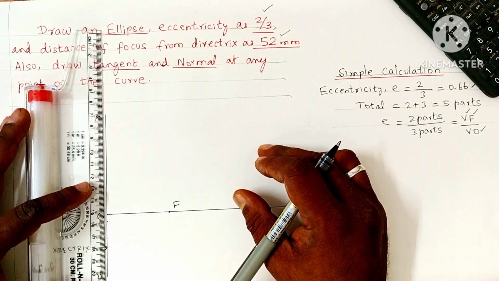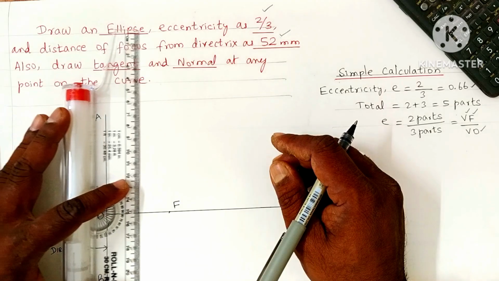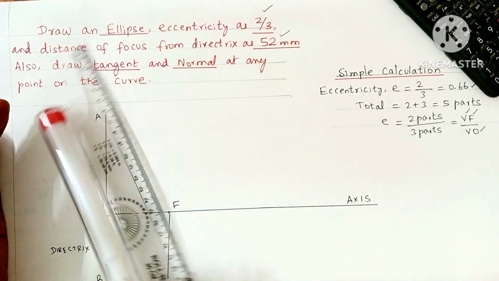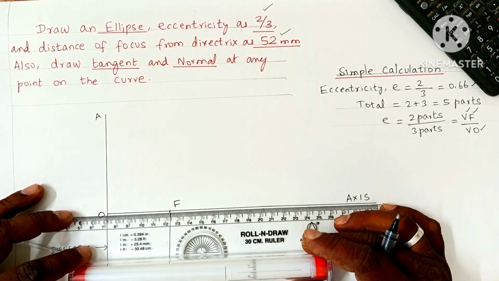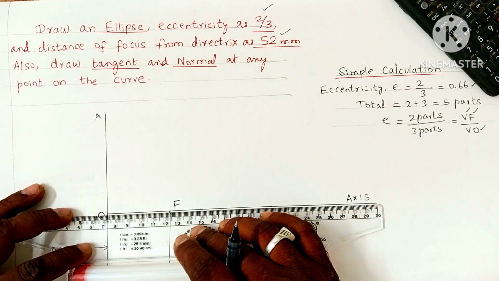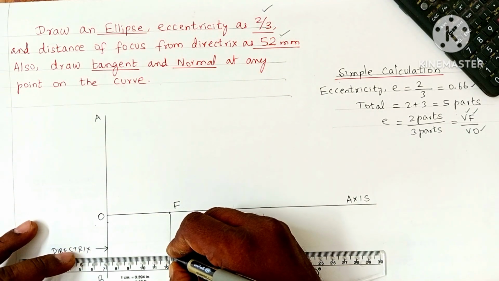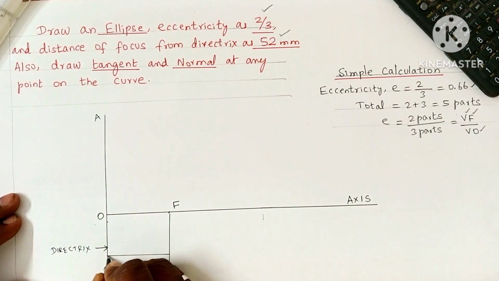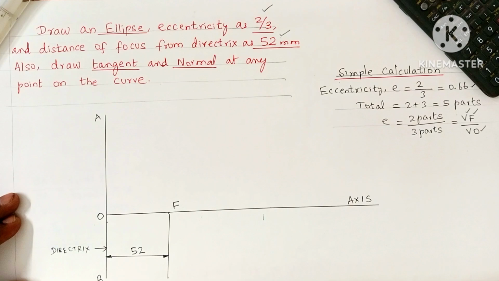Draw one extension line at point F parallel to the directrix, and a dimension line below the axis, parallel to the axis, to mark the length of the line given as 52 mm. Put 2 narrow arrowheads, shade the arrowheads and write the length as 5.2. Don't write mm, the number alone is sufficient.